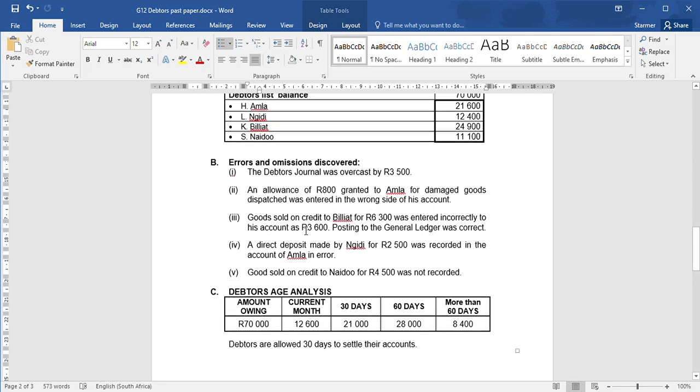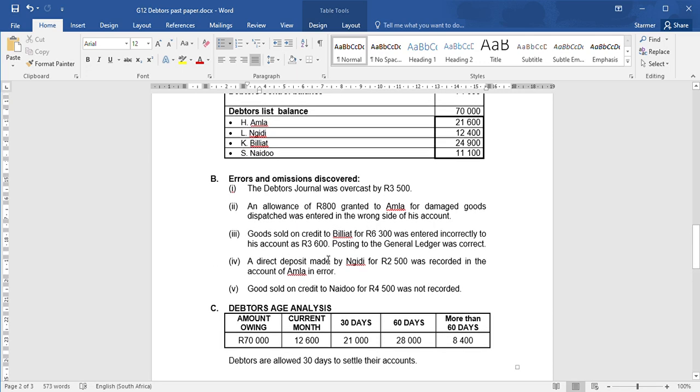Okay, the next one. Goods sold on credit to Bennett for 6,300 Rand was entered incorrectly to his account as 3,600. Posting to the general ledger was correct. So we reported 3,600, but we actually sold for 6,300.